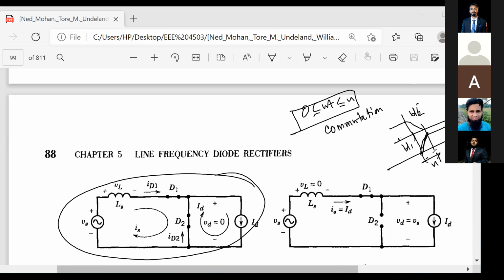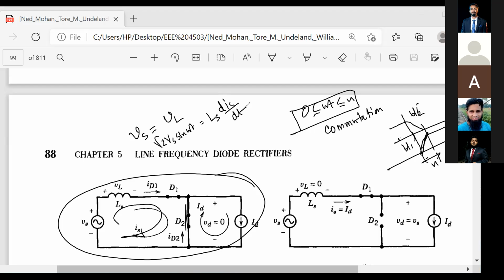And this is your commutation. So during this commutation, this circuit is valid. If we apply the Kirchhoff voltage law here, what will it be? Vs must be equal to VLs. Vs equal to root 2 Vs sine of omega t, and VL equal to Ls dis by dt.